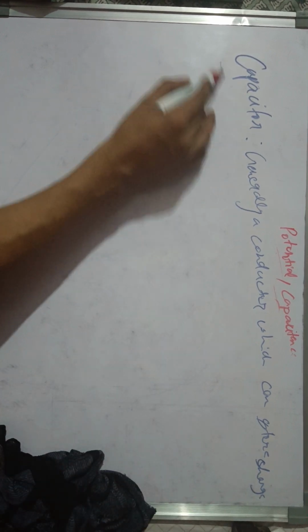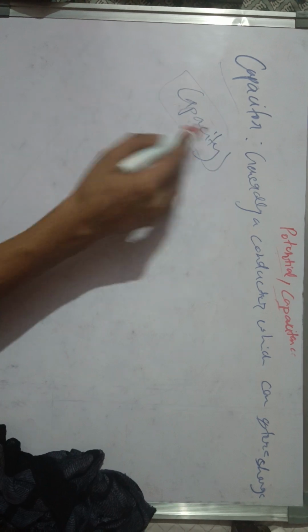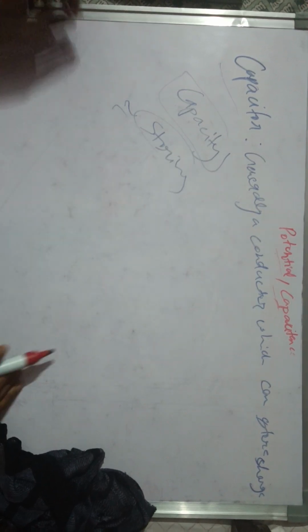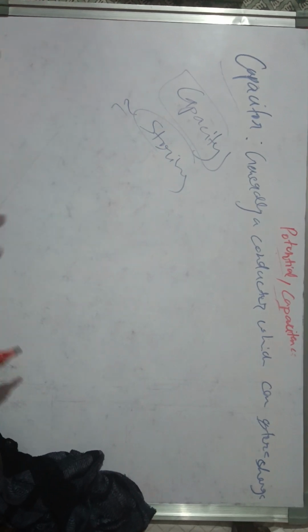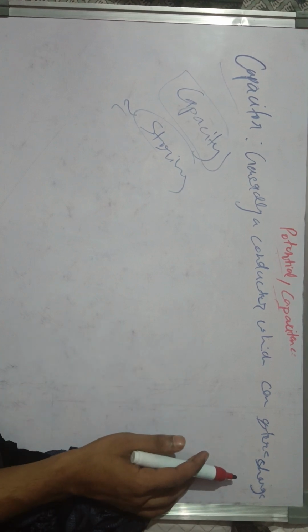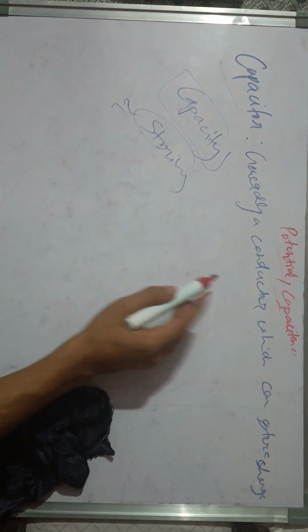The word capacitor comes from the word capacity, which is related to storing something. It has some capacity to store something, contain something. So that storing of charge, that device is called capacitor. Capacitor is a device that can store charge.